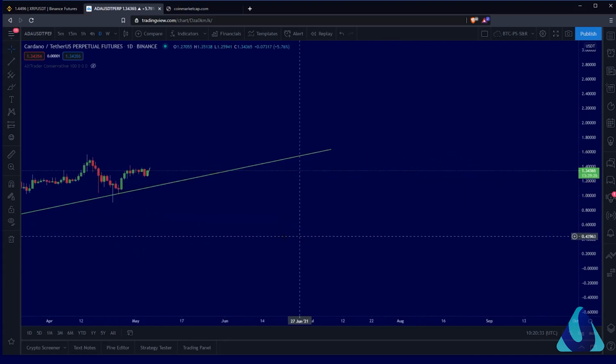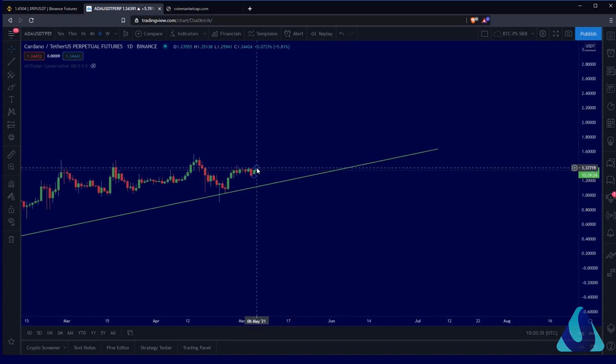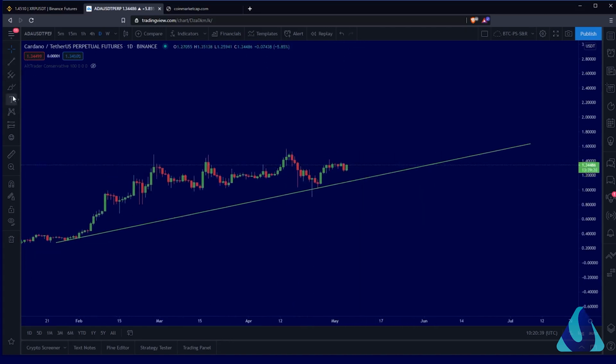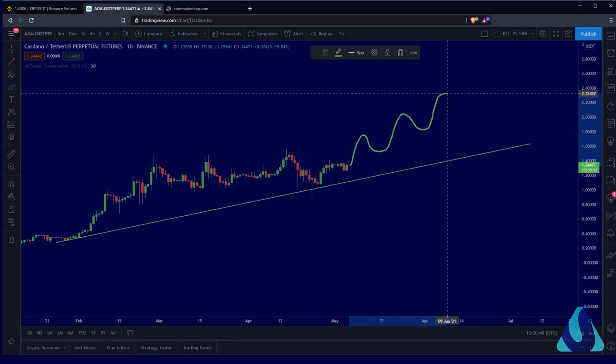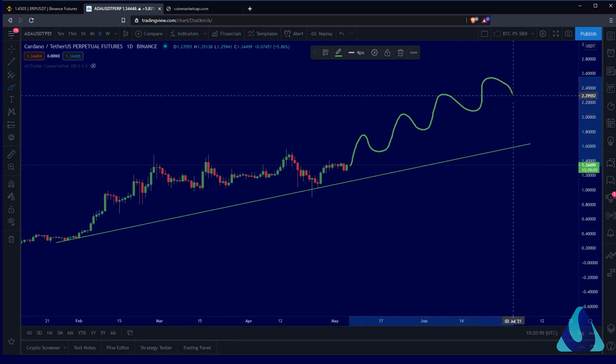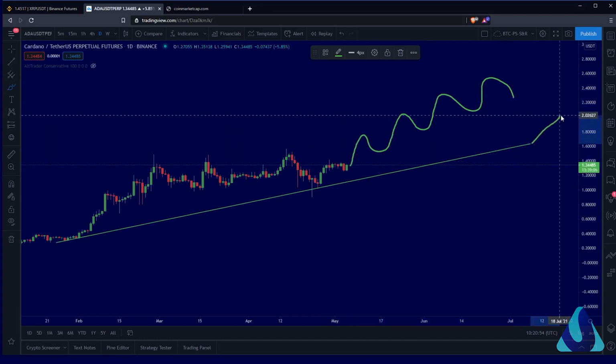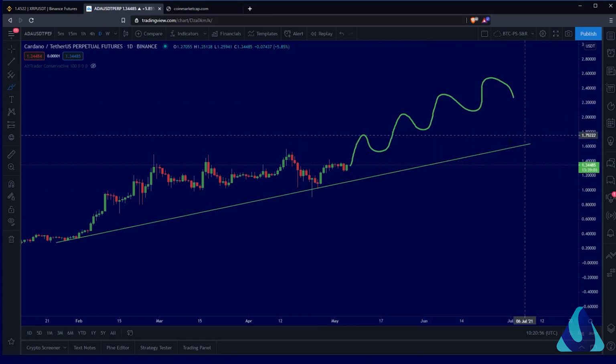Well, again, if you're working on a daily chart, and let's just move that, then potentially we might see something along the lines of a continuous higher high, lower high, higher high, lower high, like so. And again, the trend line would be adjusted for that as well.